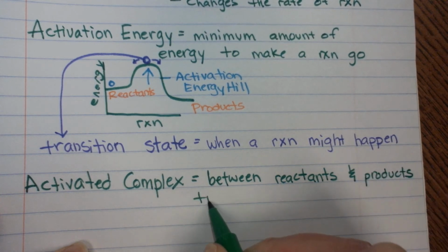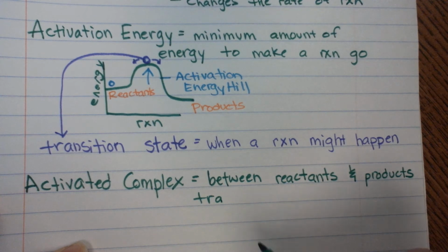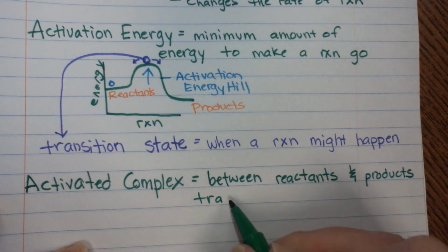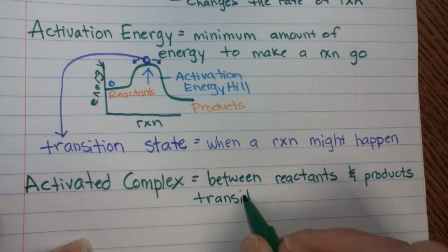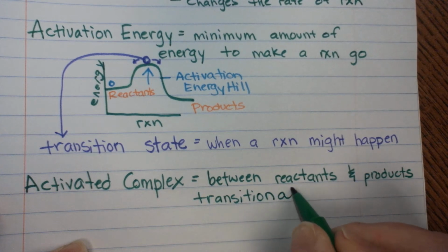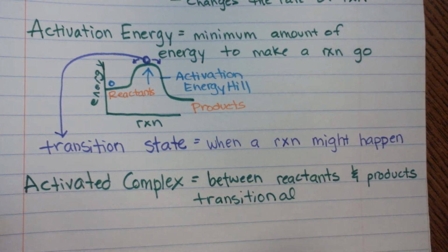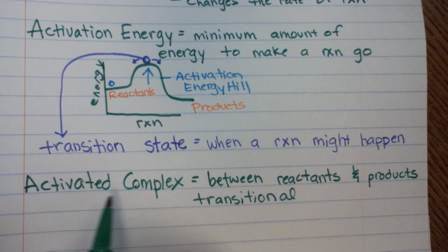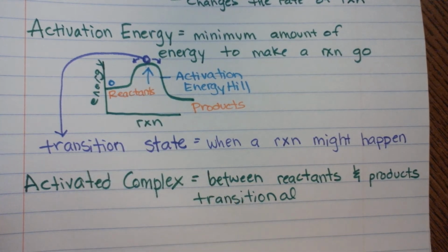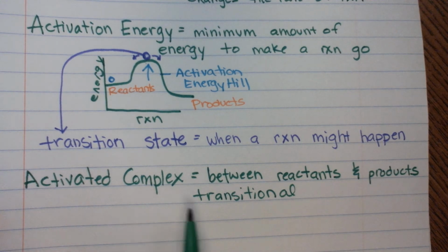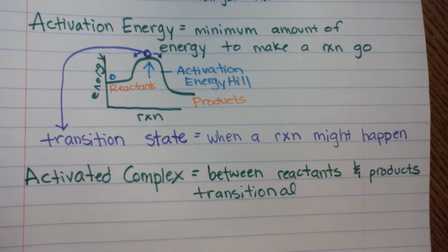So it's a transition state. It's at that transition. So here at the activated complex is that transition state when we could have products or they could stay reactants.